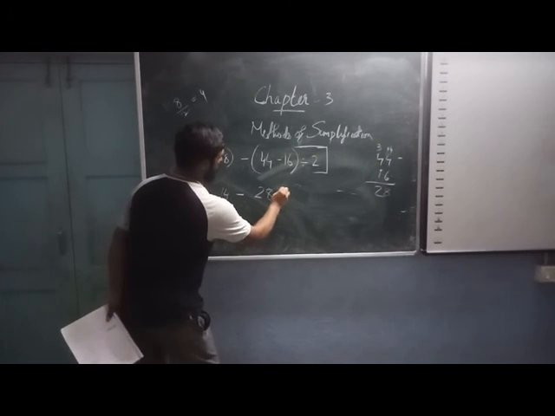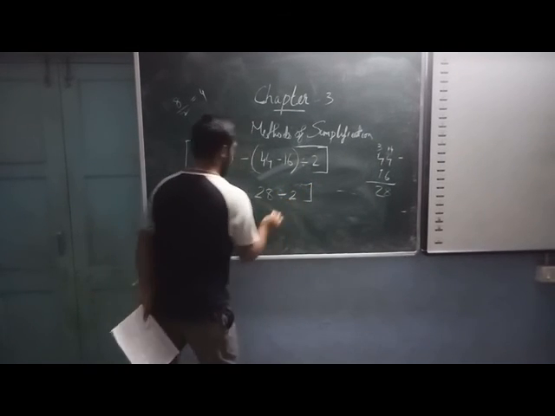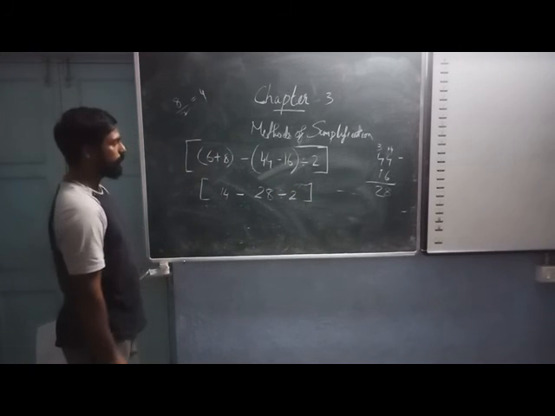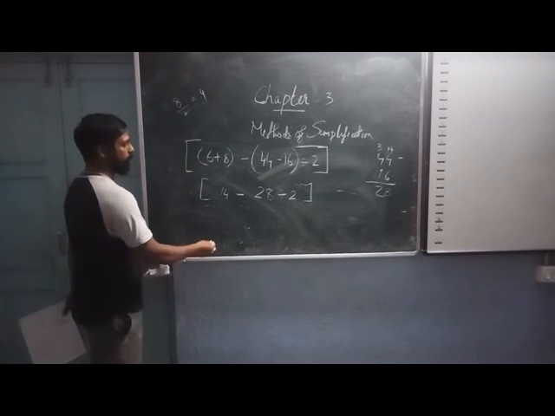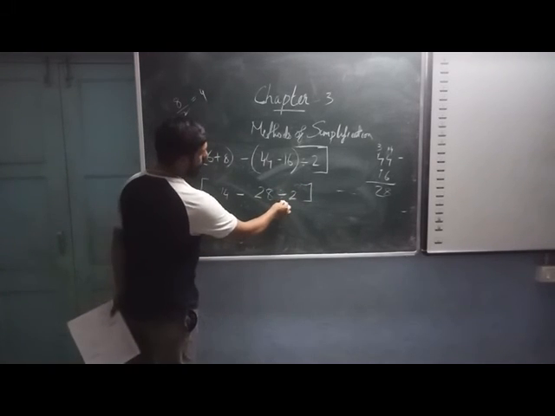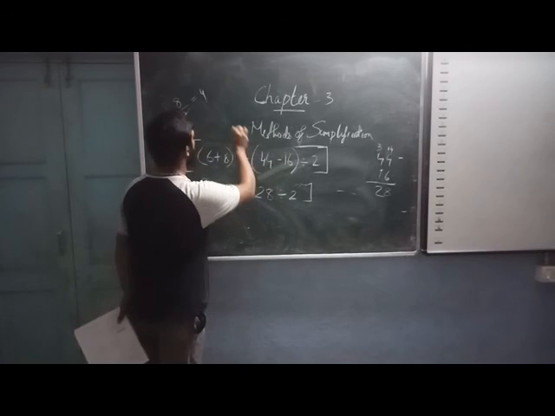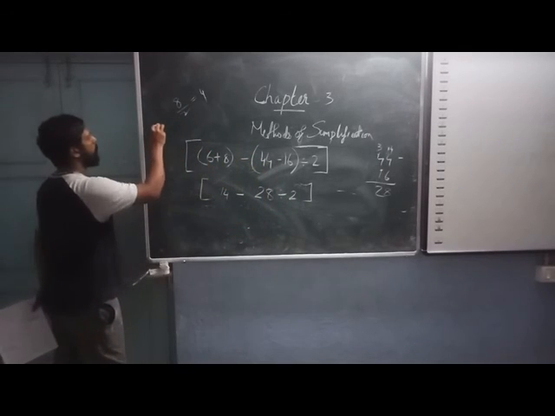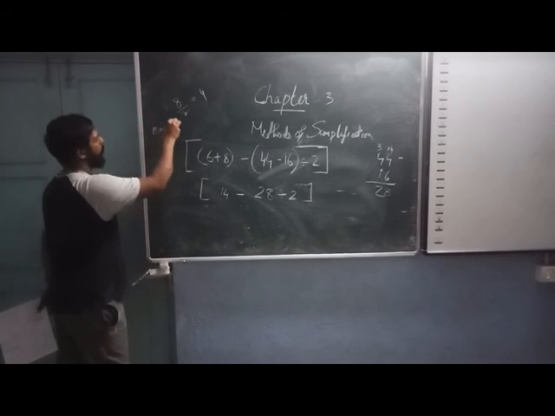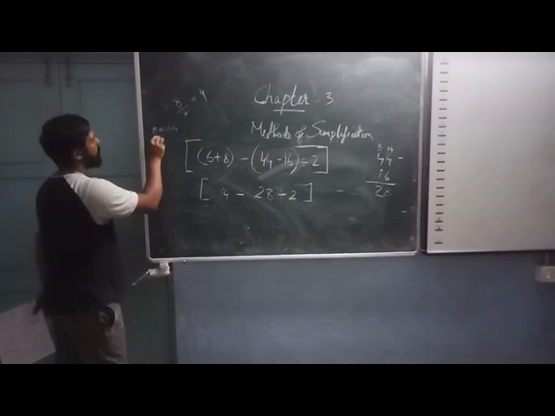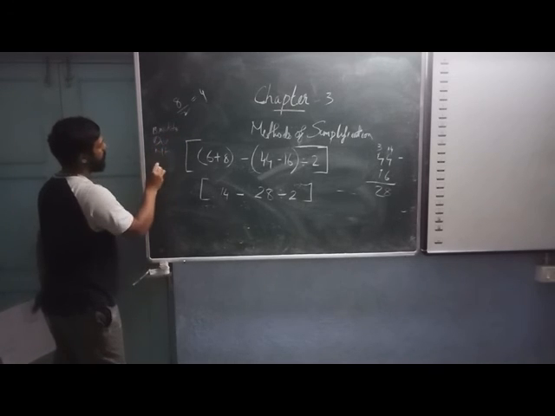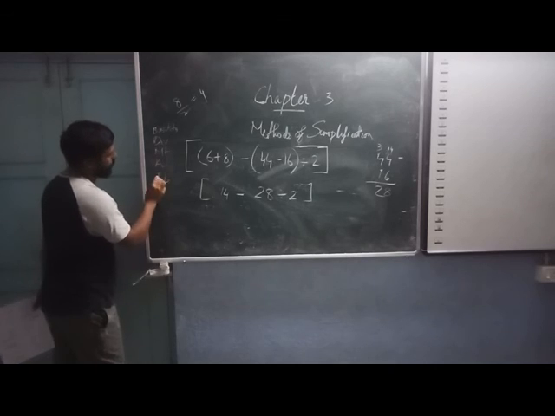Now we have 28 divided by 2. Now this is in a common form. What priority comes now? After brackets comes division, then multiplication, then addition, and finally subtraction.